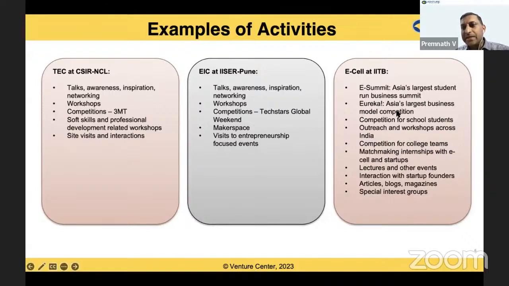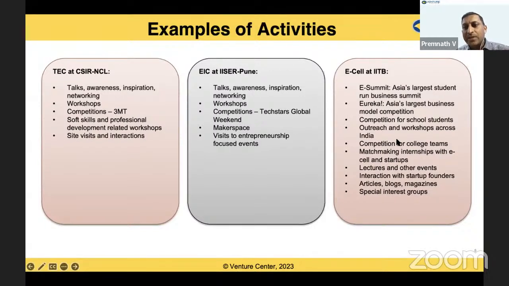Similarly, Eureka, which is Asia's largest business model competition, as I think one of the magazines called it, is another such large event that the IIT Bombay team, the eCell, runs. This is largely student run. It's not driven by faculty or by full-time people.